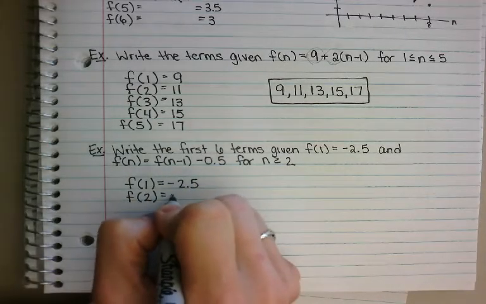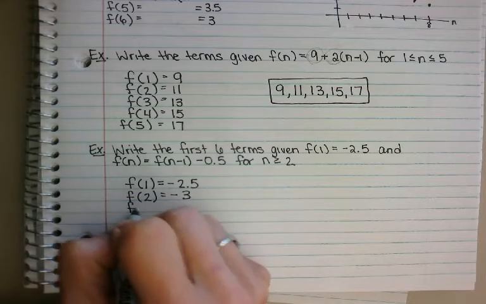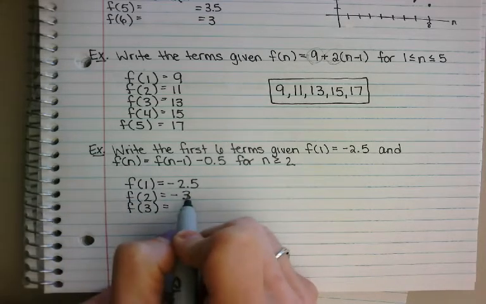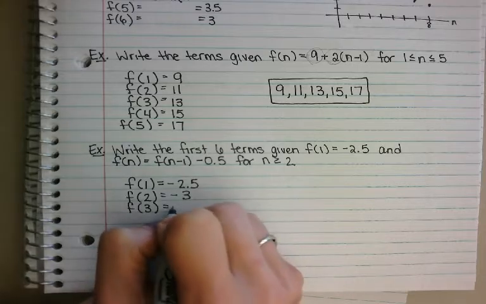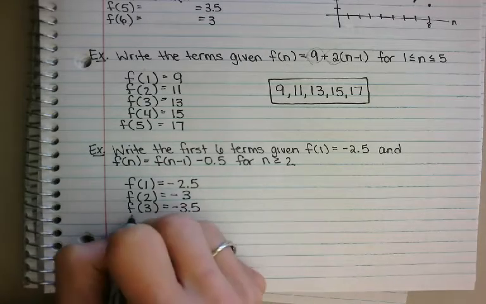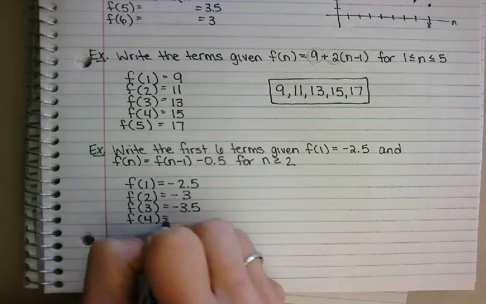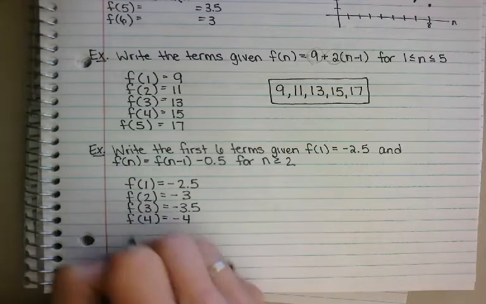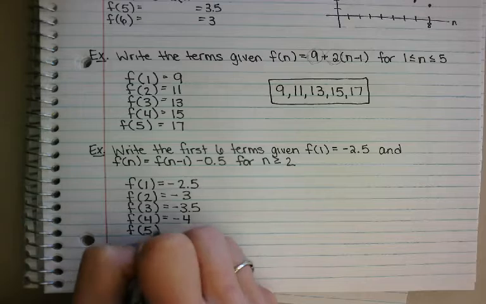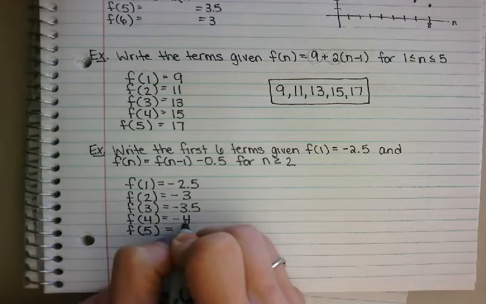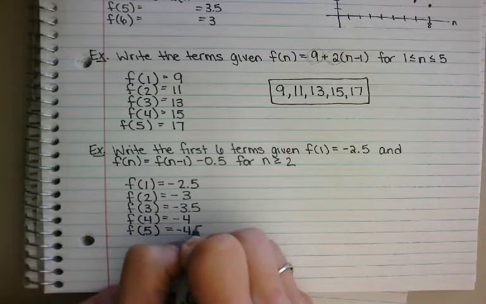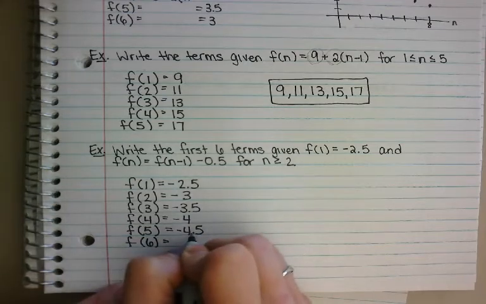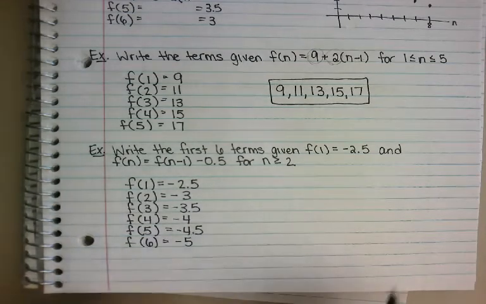So that would give me -3. If I want to find the third spot, I'm going to take the previous number, which was -3, and then subtract a half, so that's -3.5. If I want to find f of 4, I need to take the previous number, -3.5, and subtract a half, so that's -4. F of 5, I'm going to take the previous number, -4, and subtract a half, so now we're at -4.5. F of 6, previous number, -4.5, minus a half is -5.